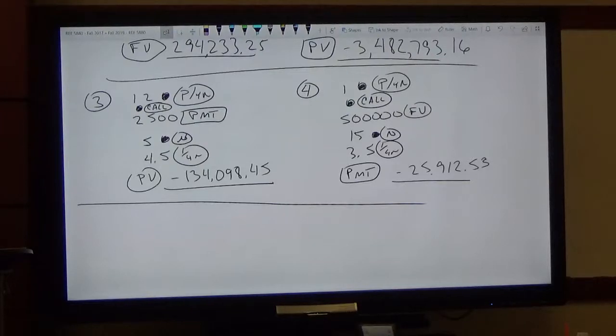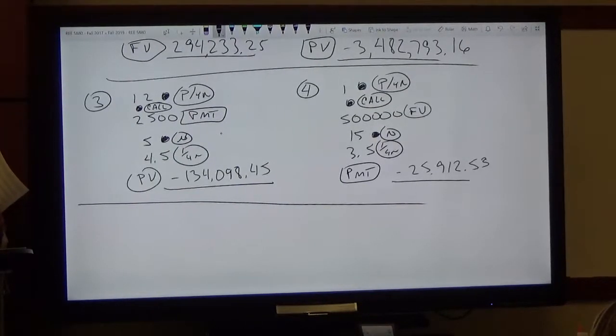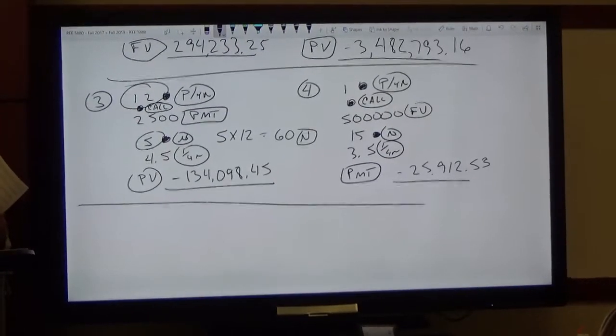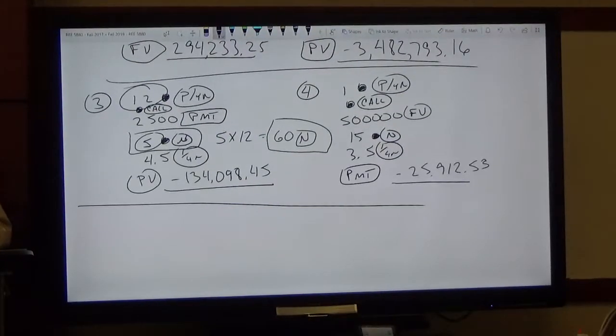You did 60 and N. Correct. And I came with the 60. And look on the button here, it's like X. Yeah, what it's doing whenever you put in 5 shift N is taking that 5 years times 12 months, or 12 periods per year, to give you 60. So you have a choice whenever you enter the problem of entering it as 60 N or 5 shift N, either one.